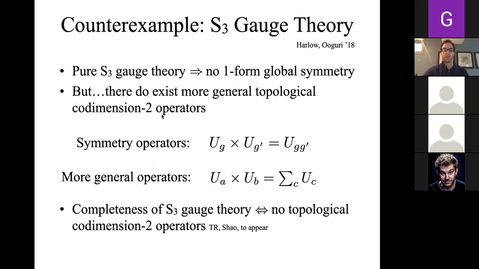For these more general topological operators that exist in S3 gauge theory, we still have topological codimension 2 operators, but they satisfy a more general fusion algebra. Namely, if I fuse two surfaces, I don't just get a single surface on the right-hand side over here, but I, in general, get a sum over topological surfaces. And so one can show that, in fact, the correct statement is that the completeness of S3 gauge theory is equivalent to the absence of topological codimension 2 operators, what are sometimes referred to as Gukov-Witten operators.